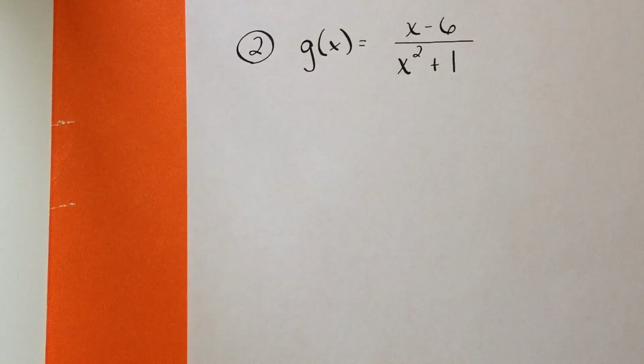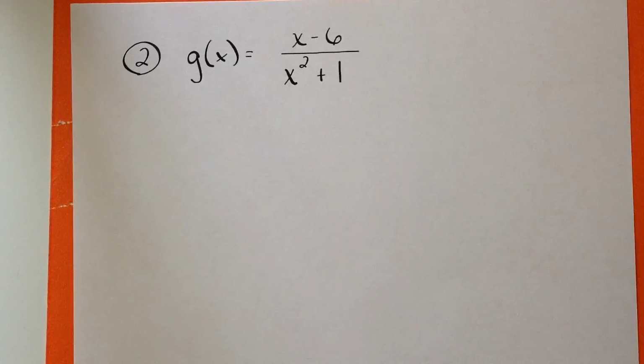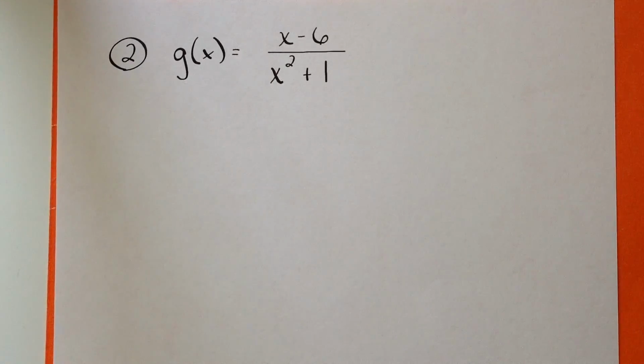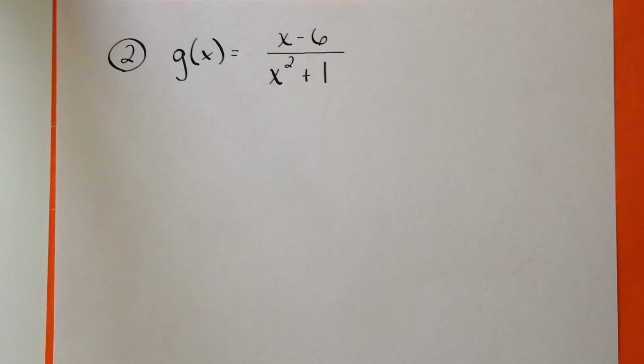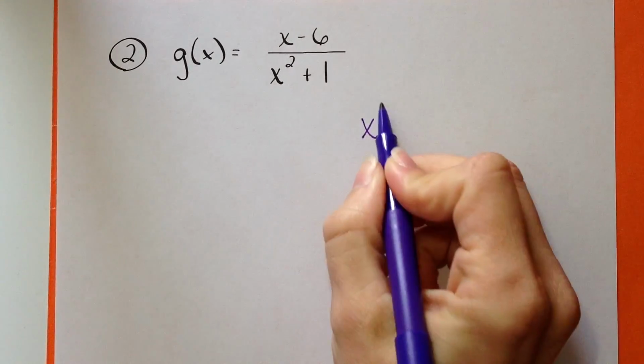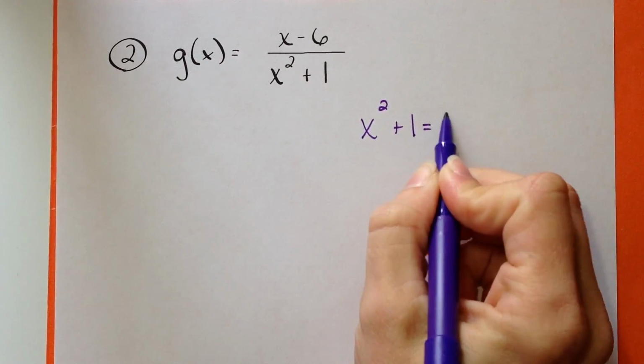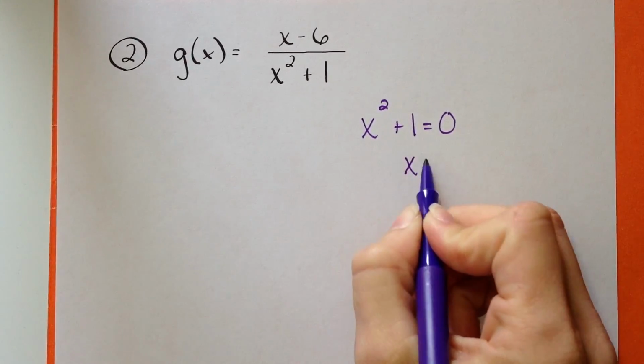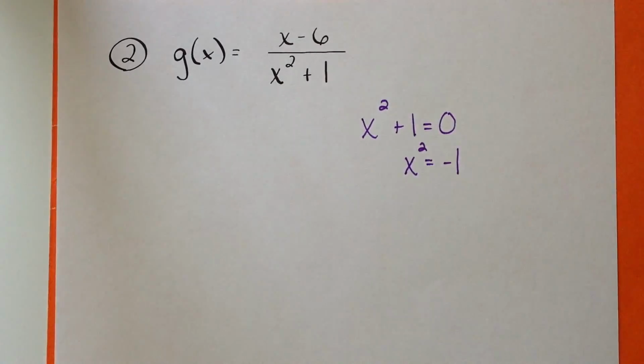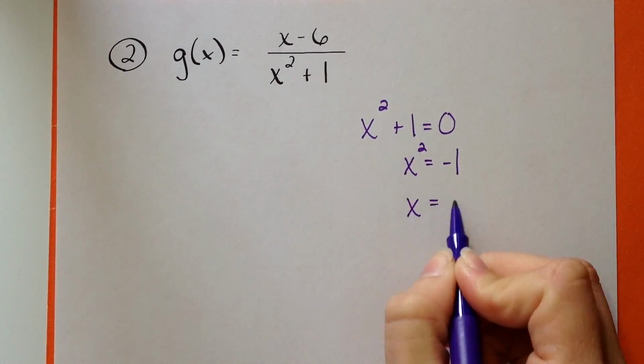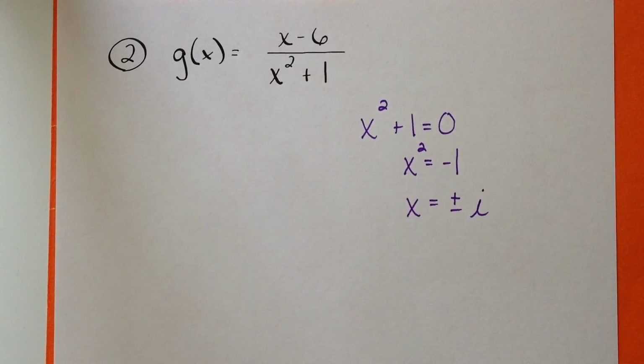Okay, one more. This time my function is g of x equals x minus 6 divided by x squared plus 1. Okay, so start out setting it equal to 0. Subtract your 1. So then when you take the square root of both sides, we're going to end up with plus or minus i.